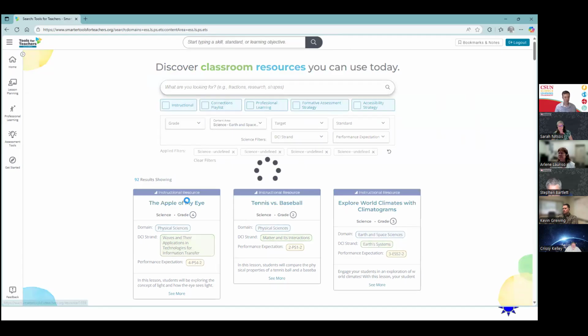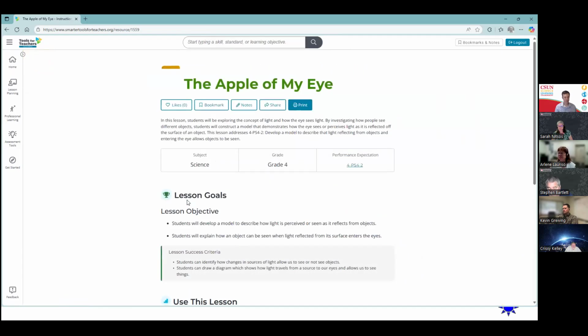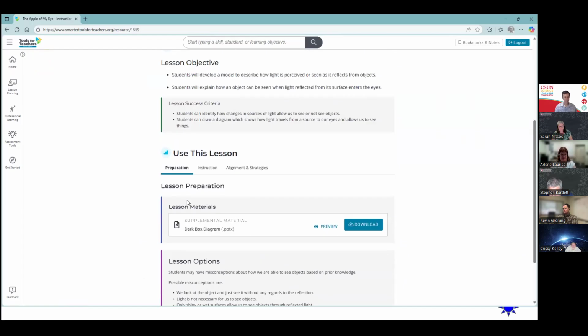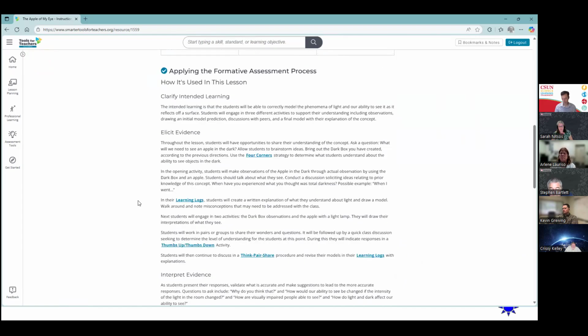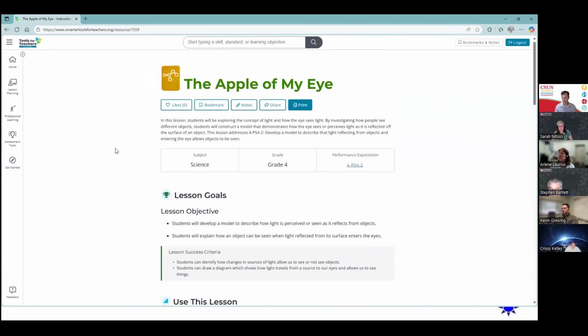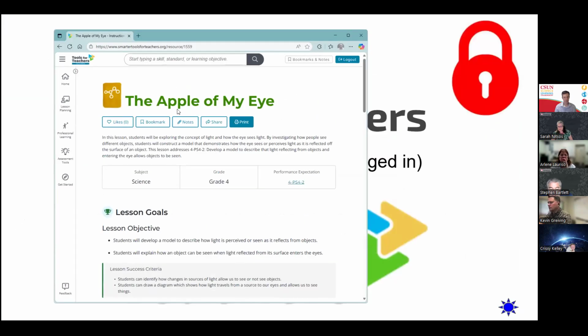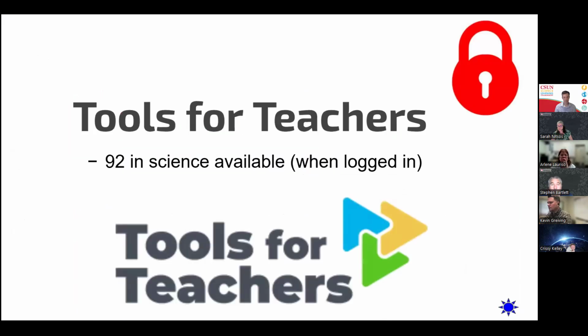In addition, I will be able to see the entirety of lesson plans and use and instruction and strategies, all well developed, all well aligned with state standards, and developed by teachers like you in the classroom. So, well developed, well vetted, a lot more robust than some of the ways you could otherwise source lessons.